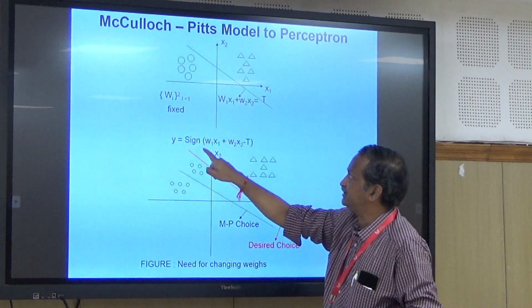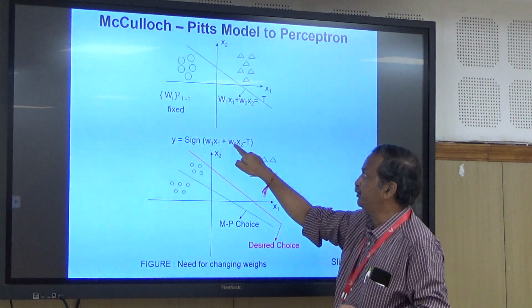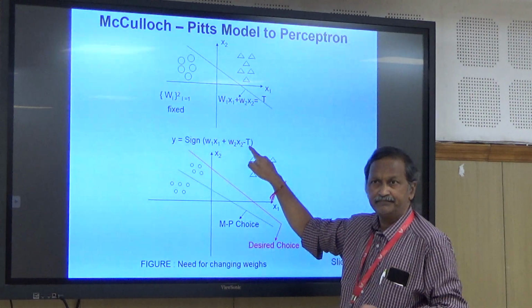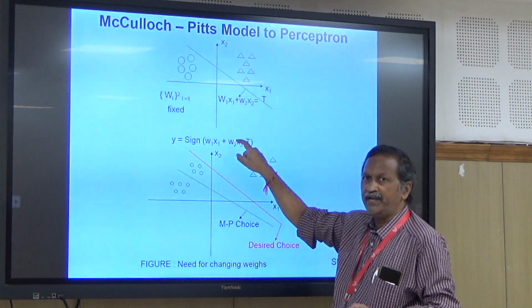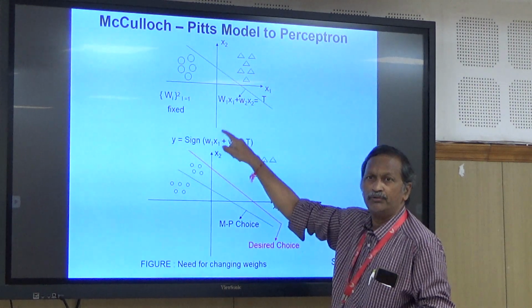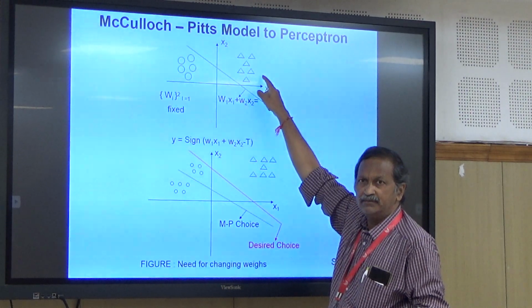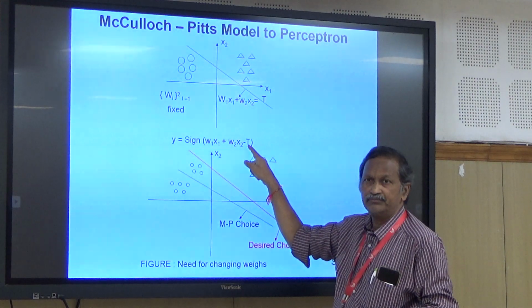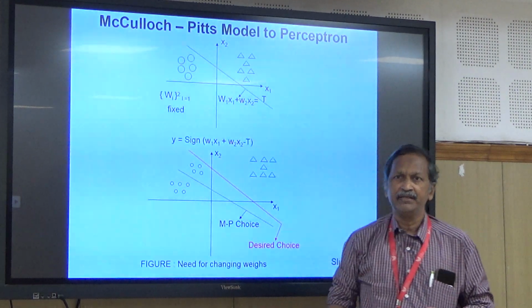It calculates this magic quantity W1 x1 plus W2 x2 minus t. If x1 x2 lie on the line, this will be 0. If they lie above the line, this will be positive. If they lie below the line, this quantity will be negative.